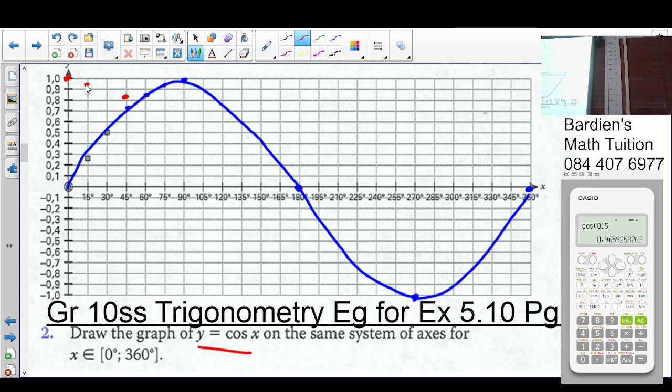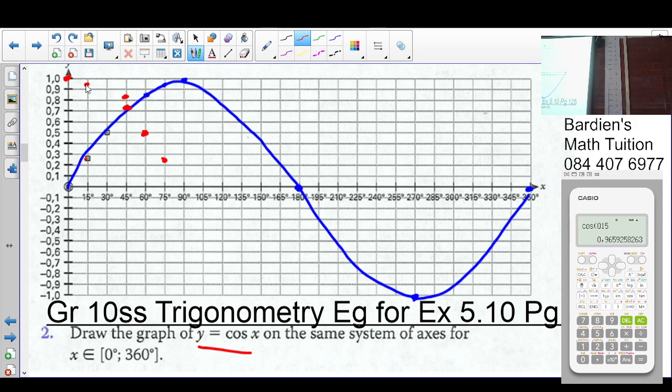Cos of 45? 0,707. So it's exactly the same as this value here. Next, cos of 60? 0,5. And cos of 75? 0,258. It's in line with this one.